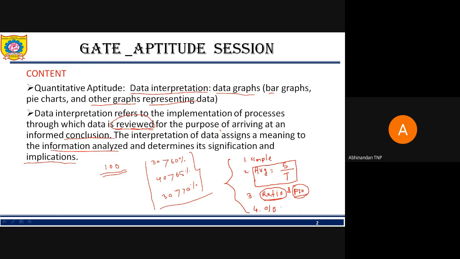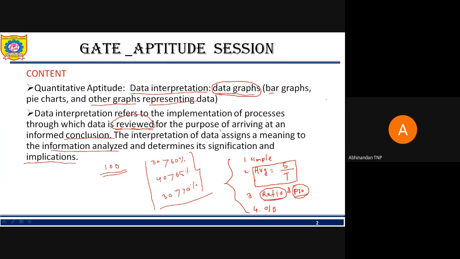Now, what are the types of data graphs? The types of data graphs are bar graph, pie chart, line graph. These are the different types of data graph where we are representing the data.